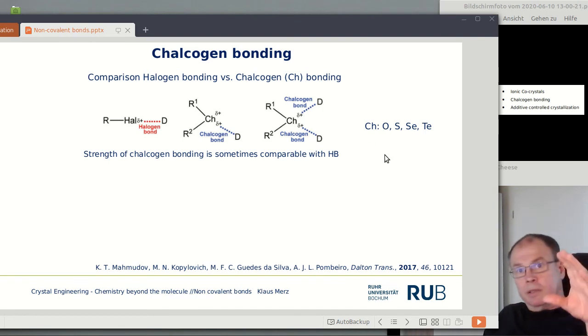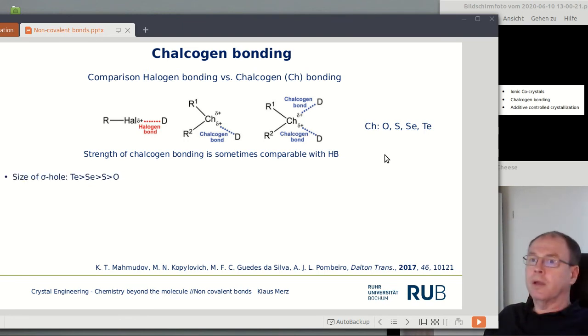Sometimes you will see chalcogen bonds are comparable with hydrogen bonds, no? But in general they are really weak bonds. But we will see there are several points which are comparable with halogen bonding.